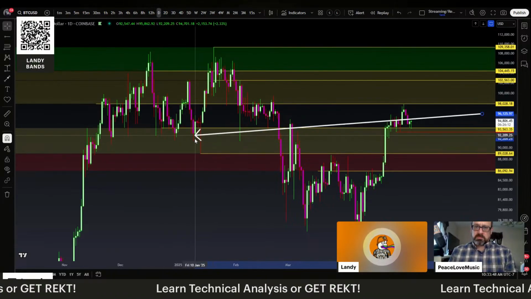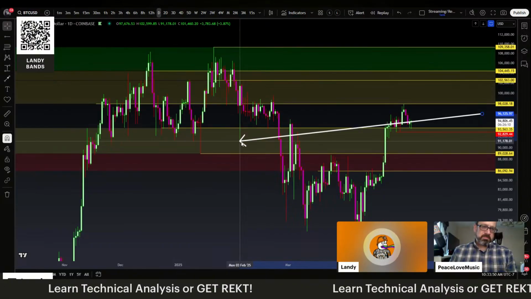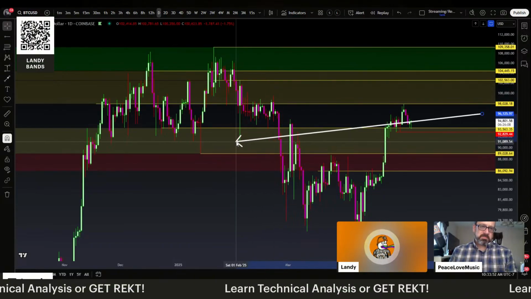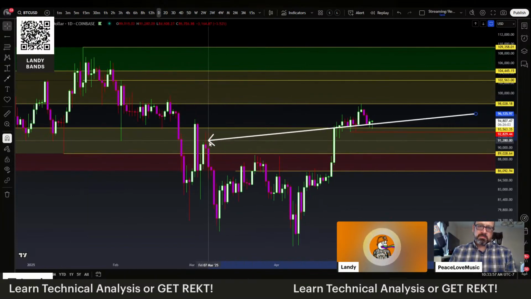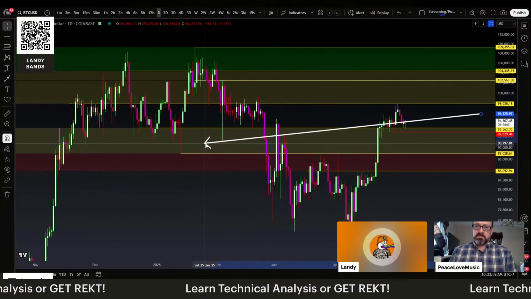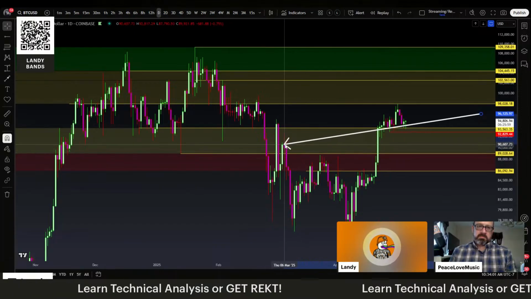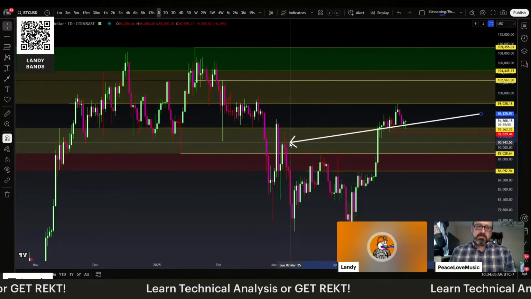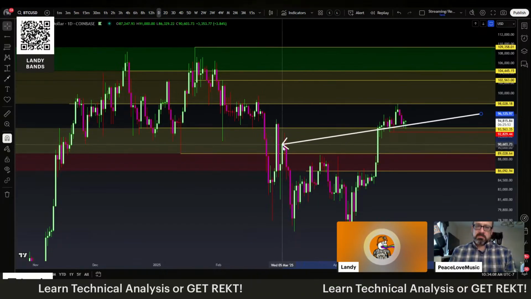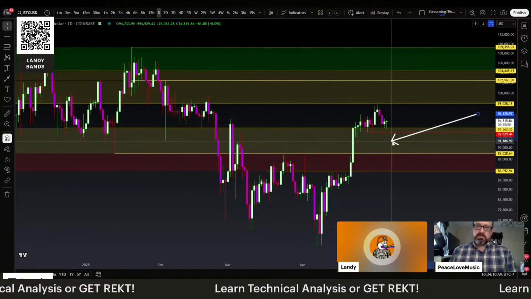We see a bit of an equal low over here. We see a big old swing in here. And this is all coming in around the close open high area. Specifically, if you look right here, you can see it's right up against that higher low swing at right around that 90,500 to 600 area.